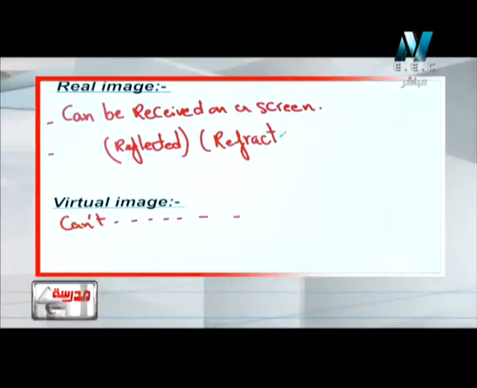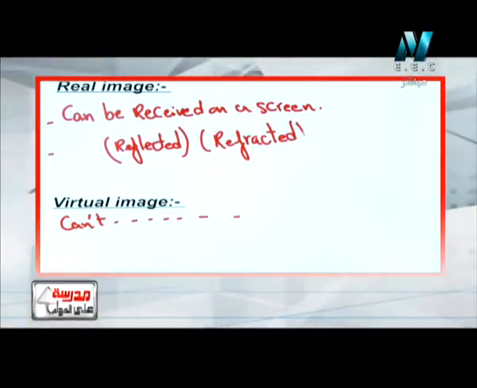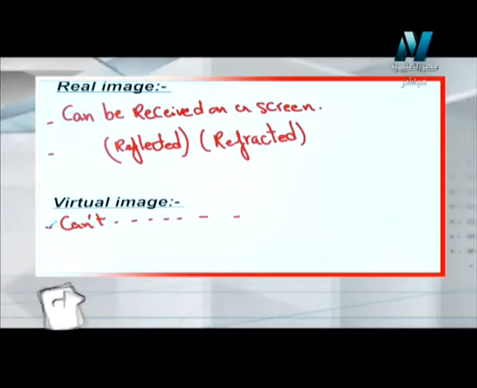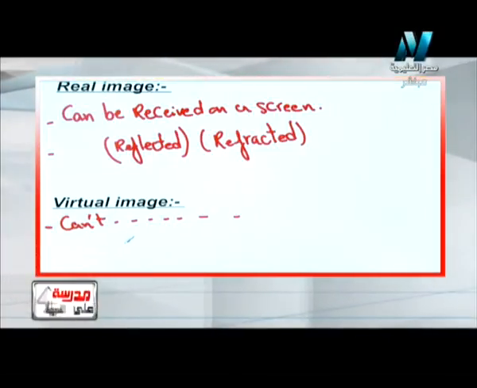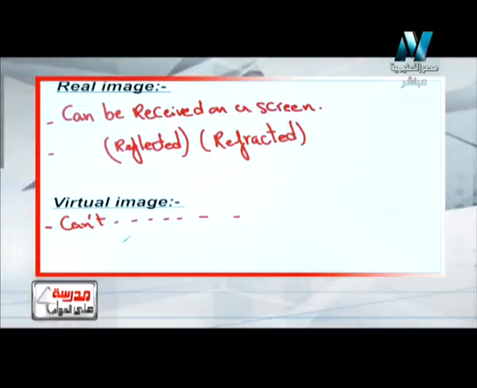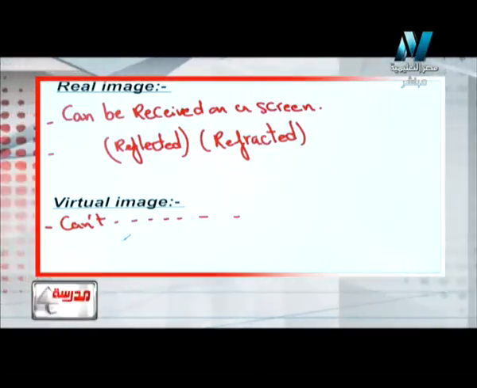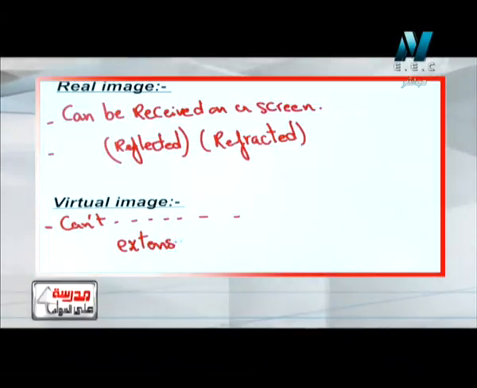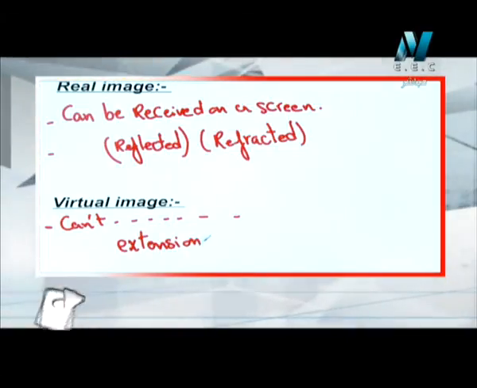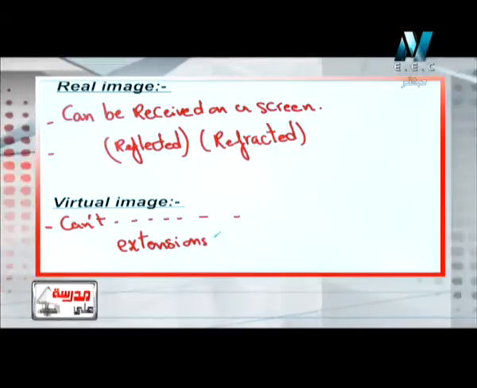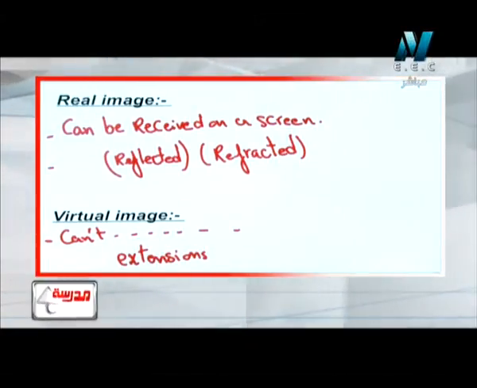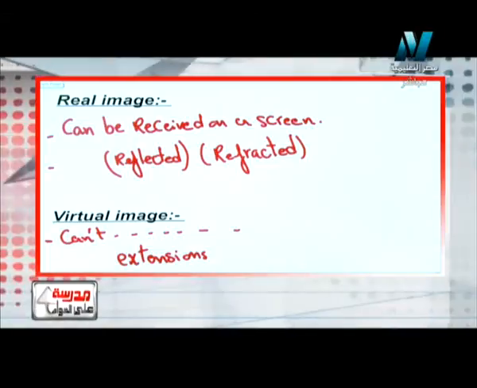While virtual image is formed due to extensions or intersections of extensions of refracted light rays in lenses or reflected light rays in mirrors. So we must know how to compare between real image and virtual image.